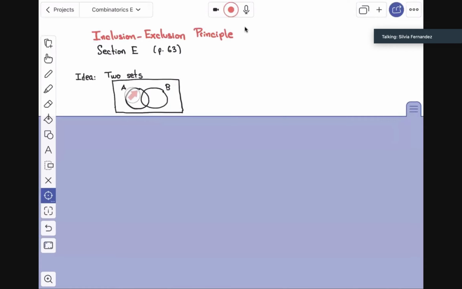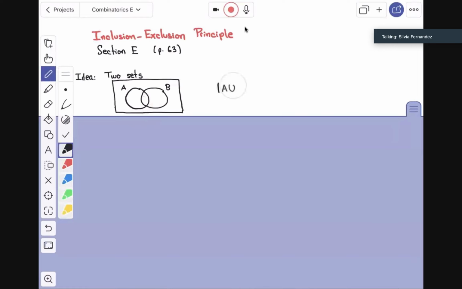In that region, I have two different types of regions: the intersection of A and B, and then elements that are in exactly one set. What's in A but not in the intersection, what's in B but not in the intersection. And what we can write, an expression relating these regions, is this one.